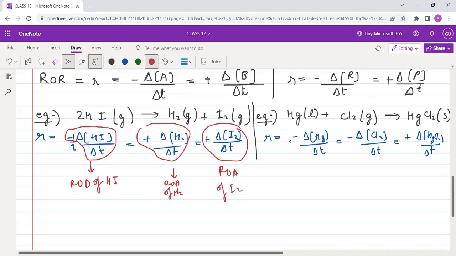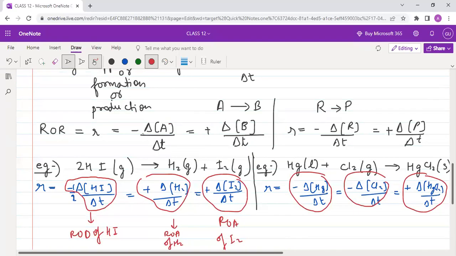Same here, it is the rate of disappearance of Hg, rate of disappearance of Cl2, and this is the rate of appearance of HgCl2. And here also it is the rate of disappearance of A and the rate of appearance of B. And here also it is the rate of disappearance of R and the rate of appearance of P.